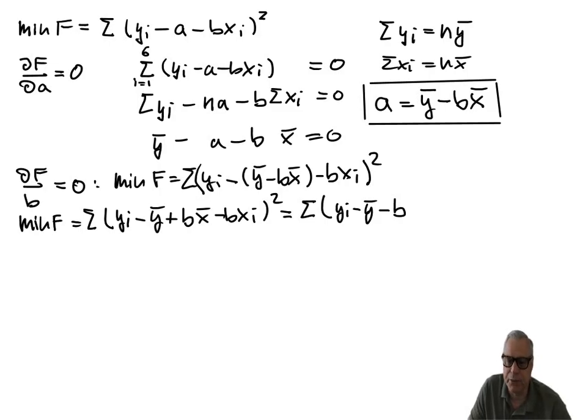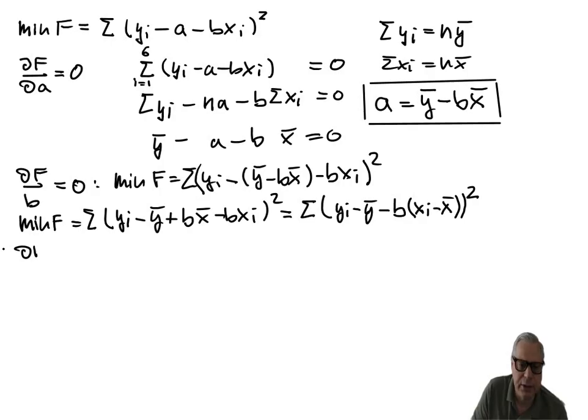Now I factor out: minus b times xi, and I still have the x bar, but I need to make that a minus, because minus times minus is plus. So minus x bar. Maybe another parenthesis, squared. So you see that has already the element of a covariance. So now let's take the derivative.